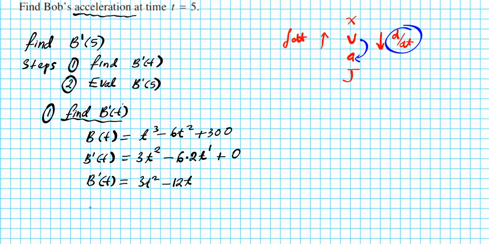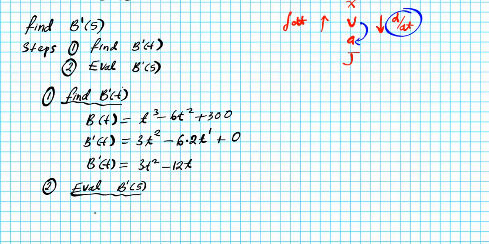The second part is to evaluate. Okay, so evaluate the derivative at t equals 5. So to do that, that's pretty straightforward. We just simply plug in 5 into our acceleration function. B prime of 5 is equal to 3 times 5 squared minus 12 times 5.